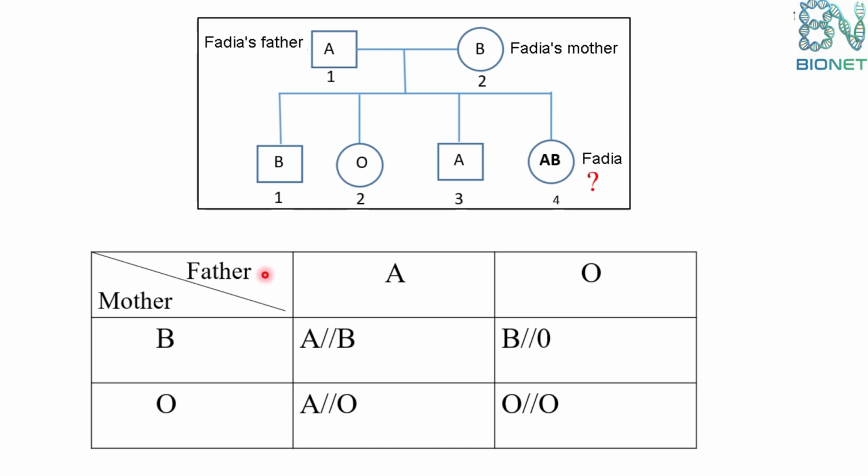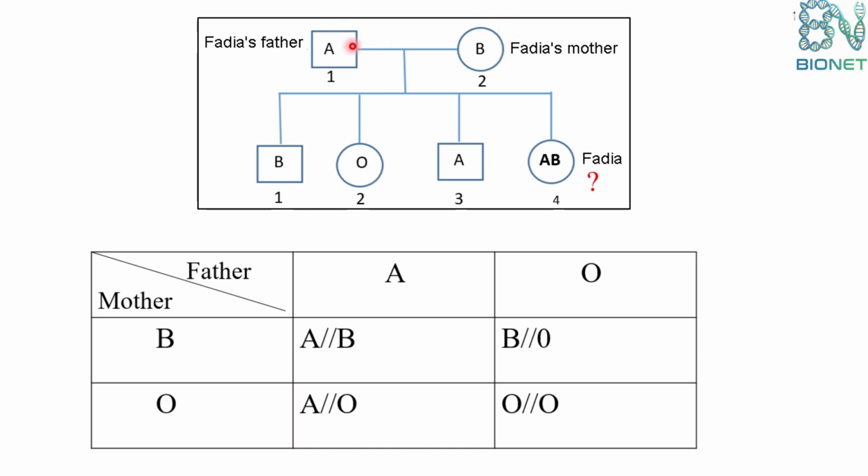The father is of blood type A, so of course the father has the dominant allele A. Since he has a child of blood type O, and we know that the recessive allele O is expressed in the homozygous state, then the genotype of this individual is OO, O from the father and O from the mother.